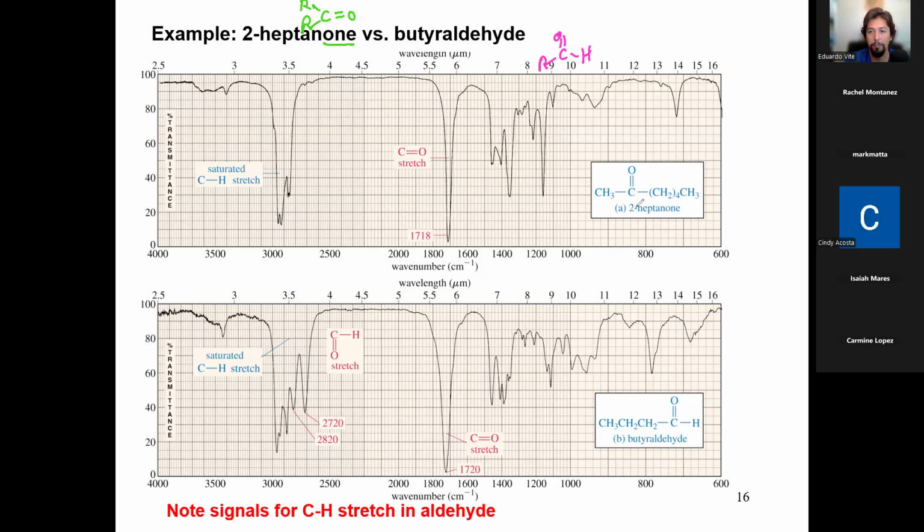So take a look at this top one. It says 2-heptanone. You see it says 1718. And look at the signal. Take a minute and look at it. How would you describe this? What adjectives would you use for this signal at 1718?